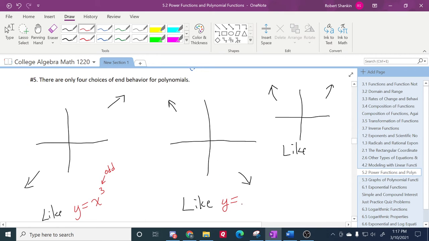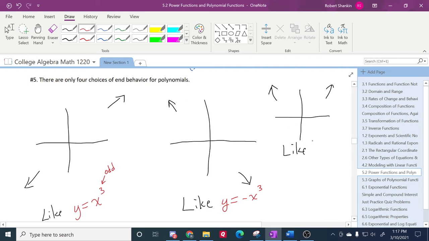Y equals, anybody can just interject. Negative x cubed? That's it. Just when you take the negative, it flips the whole world around. So now a positive 10 as an input is going to give you a negative 1,000 as an output. And a negative 10 as an input is going to give you a positive 1,000 as an output.